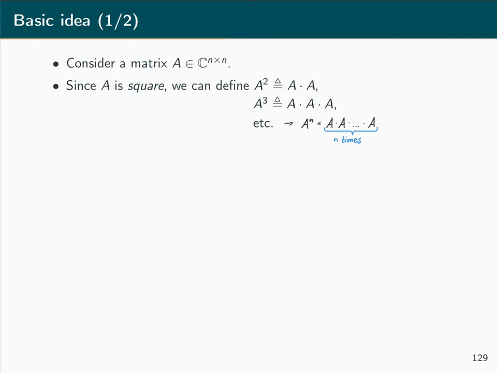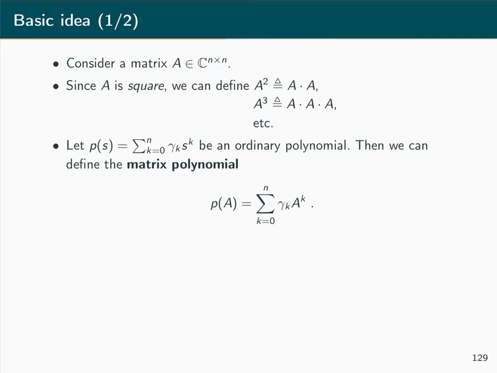In the next step, since we have defined arbitrary powers of a matrix, we can also define what's called a matrix polynomial. For this, consider an ordinary polynomial that we call P of s, where gamma k represent the complex coefficients and s is the scalar variable of the complex polynomial P of s.